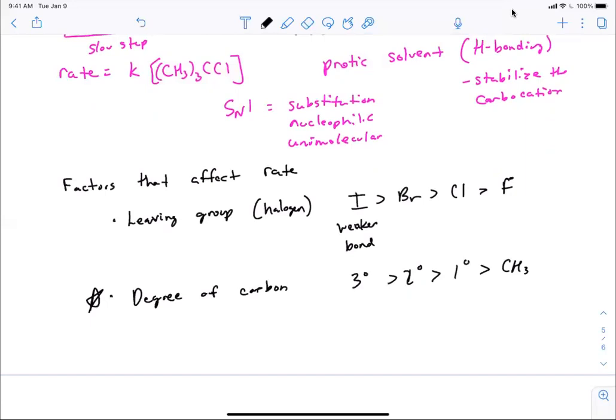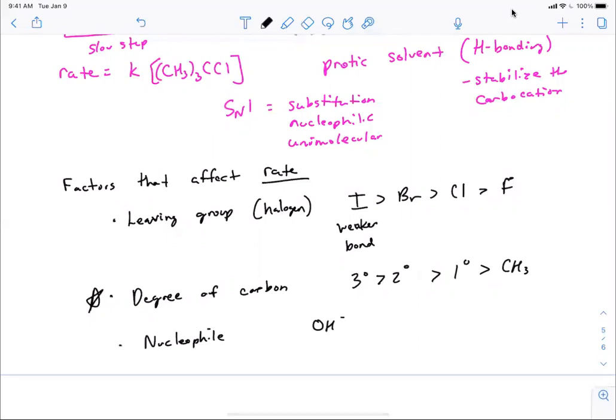Oh, okay, there's technically one more thing. Yes, the less than symbols are for the speed of the reaction here. Technically, the nucleophile also matters.